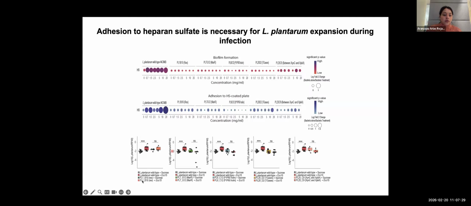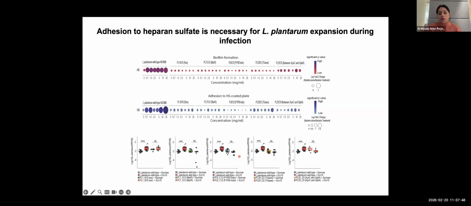When we then look in vivo, you can see here that, for example, the redox protein seems not to be important for the boost of Lactobacillus loads after infection.